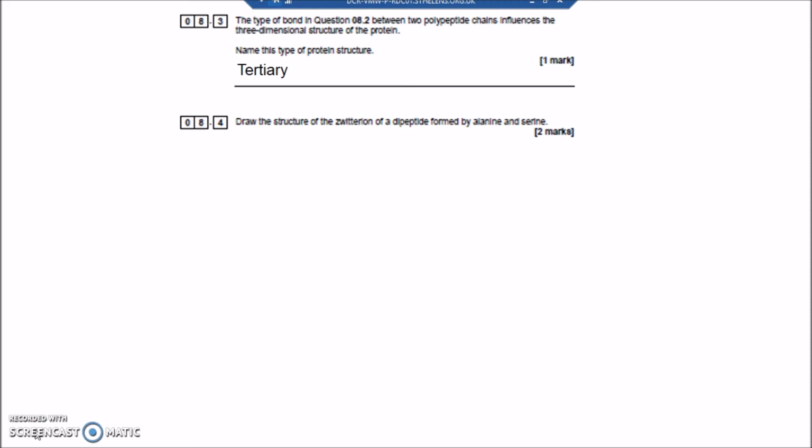Draw the structure of the Zwitterion of a dipeptide formed by alanine and serine. Alanine on the left and serine on the right. So they're going to bond together with the carboxylic acid group here and the OH bonding with the H off the NH2, and it's going to leave a CONH or a peptide or an amide link.